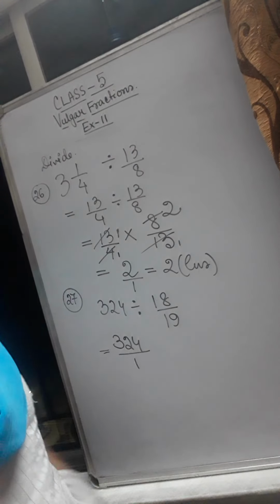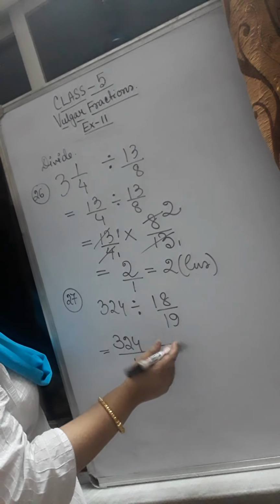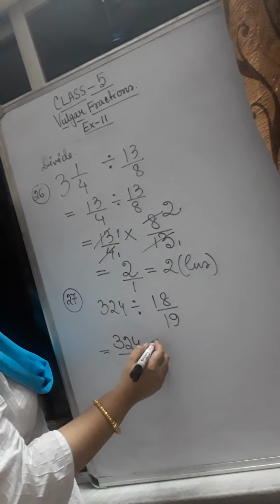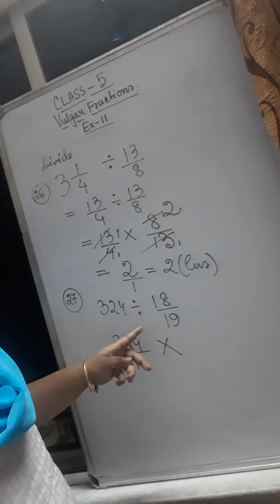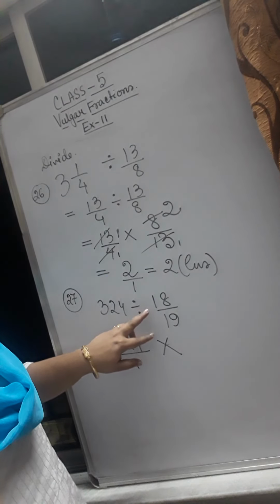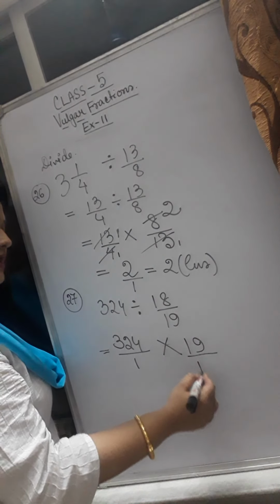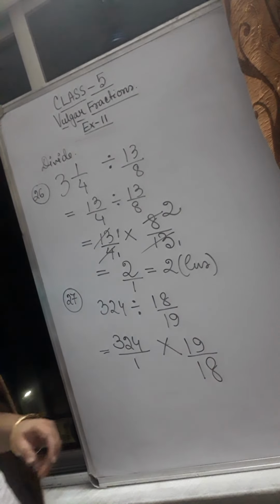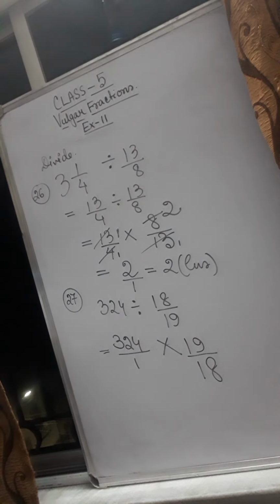The number changes from a whole number and is written in fractional style. Divided by, you can change it into a multiplication sign straight away, and as I told, the fraction that comes next to the division sign will be written as its reciprocal, just the opposite. 18 by 19 now becomes 19 by 18. And now we will do the cancellation part.